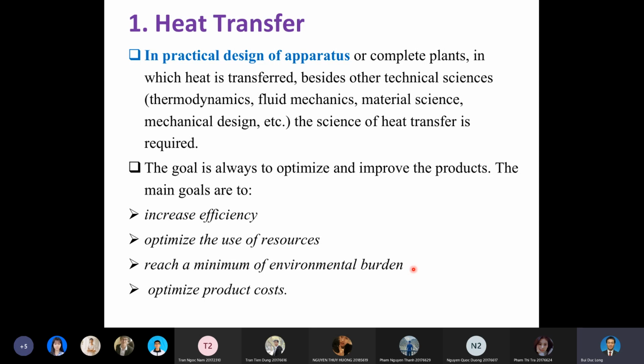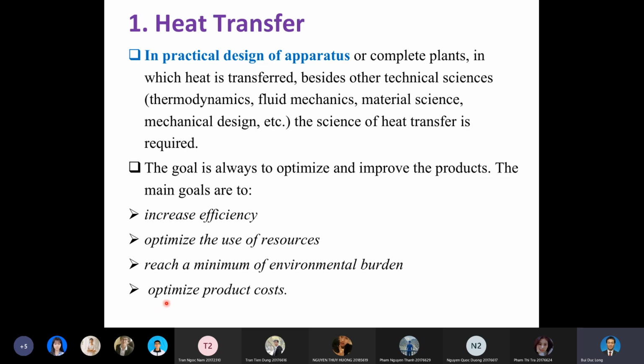It causes pollution and has an impact on human health. So you have to optimize to minimize the environmental burden. It means that you have to improve the efficiency of consuming energy.